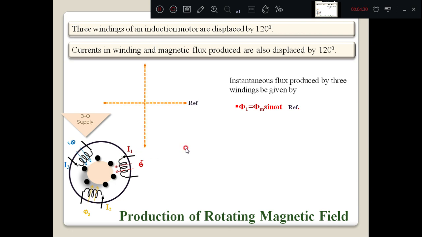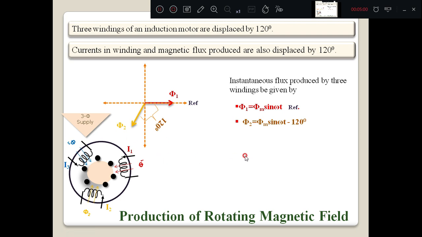Therefore, I am drawing phi1 here as the reference. Similarly, the next flux phi2 is given by phi max sin (omega t minus 120). That is, phi2 lags phi1 by 120 degrees. Therefore, it is a 120 degree lag if you are going in the clockwise direction.